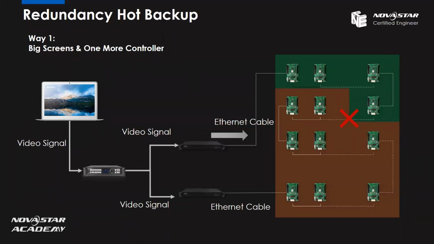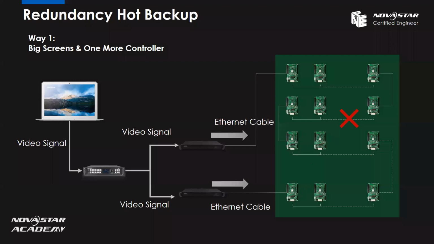But if we have already set a backup device like this one, the whole system will know there is a broken cable, and the rest of the screen will automatically switch the signal from the primary channel to the backup channel, just like this. So nobody will find out there is a broken cable, because the screen won't have any black screen or flickering display. So this is what redundancy can do for us.